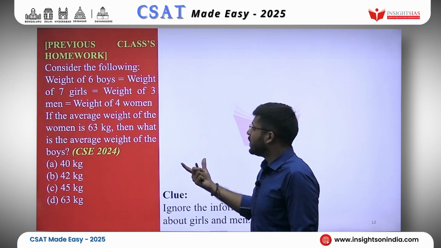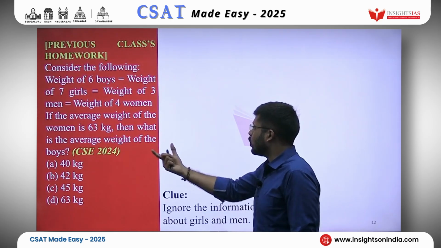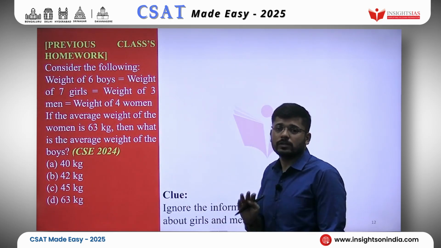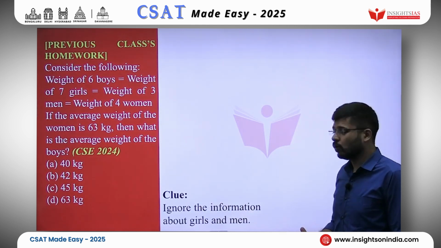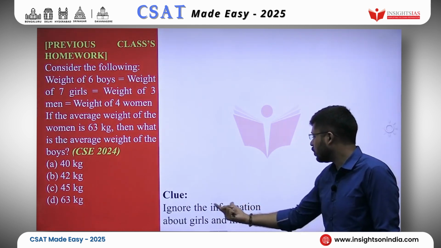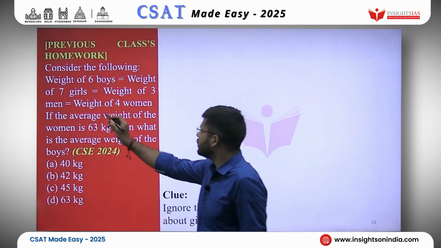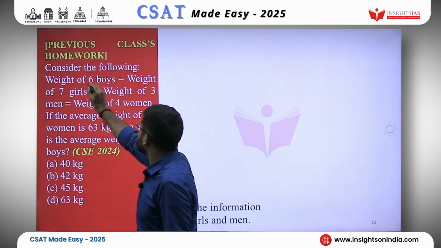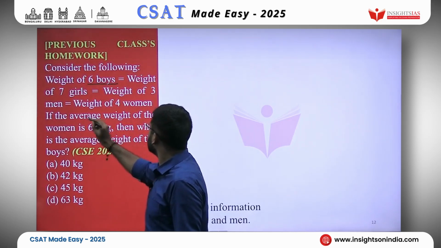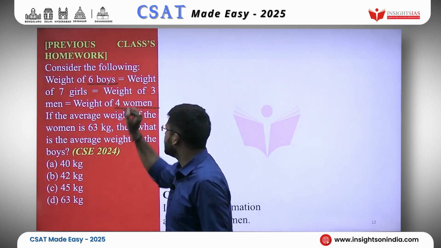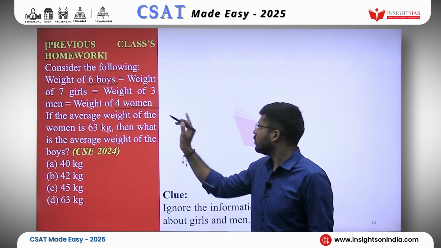If the average weight of the women is 63 kg, then what is the average weight of the boys? And I had also given you a clue. The clue was to ignore the information about girls and men. So we will take into account only the information about boys and women. 6 boys and 4 women.